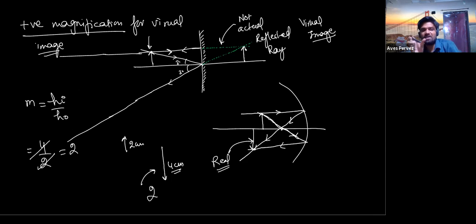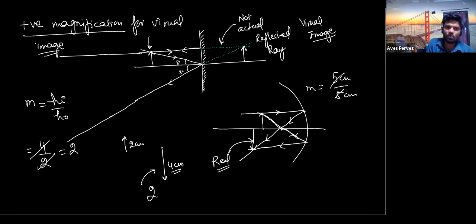It simply means this is a magnified image, 2 times the original. When would the magnification be 1? When the image and object have the same size. For example, if the object is 5 centimeter and the height of the image is also 5 centimeter, then magnification will be 1.